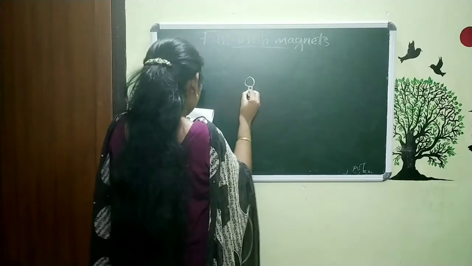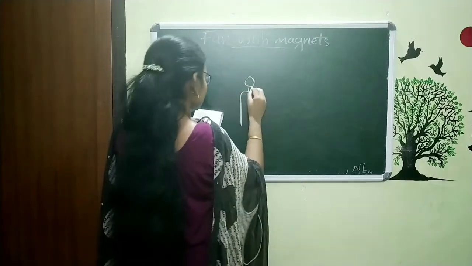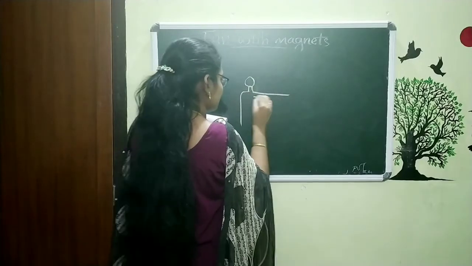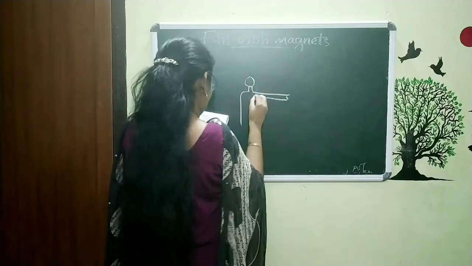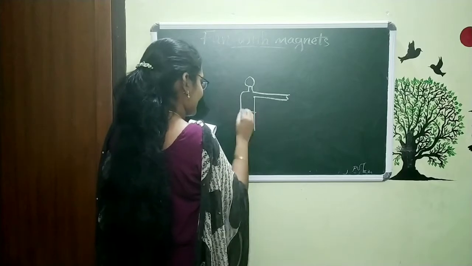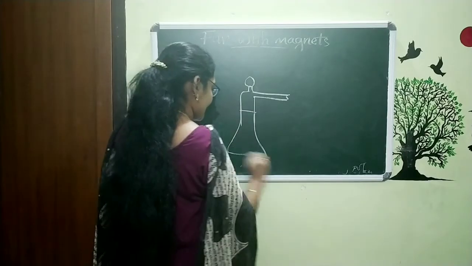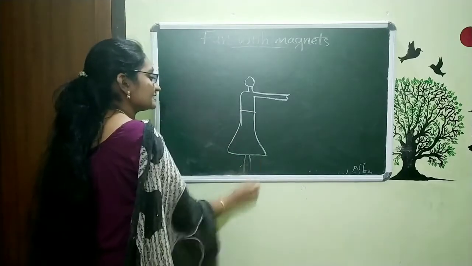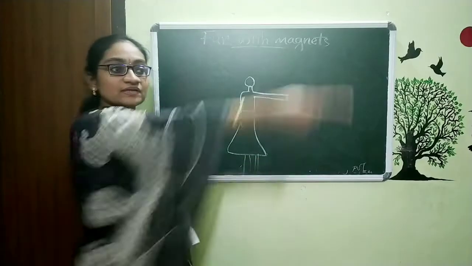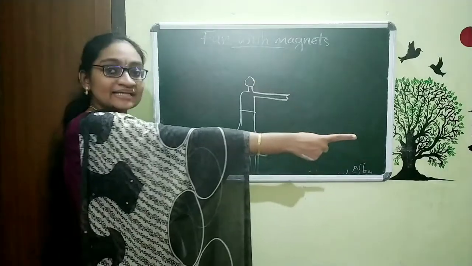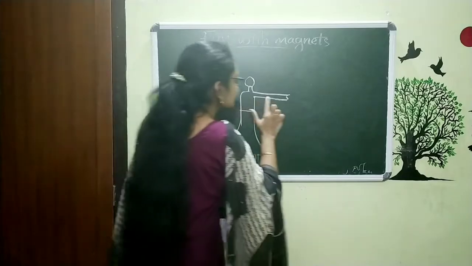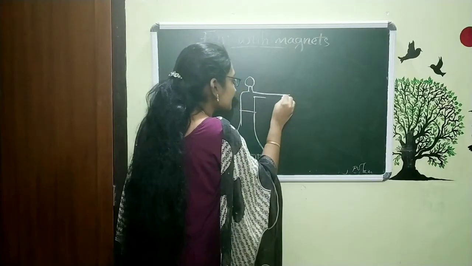That means on his vehicle, he was using one statue. A statue of a lady is there, and its hand is like this. Its hand is pointing to a particular direction.